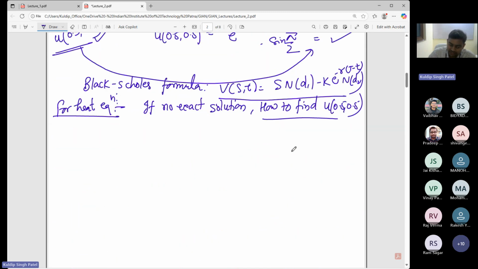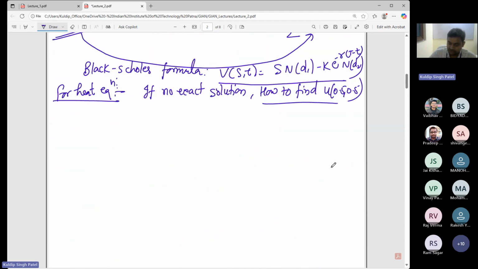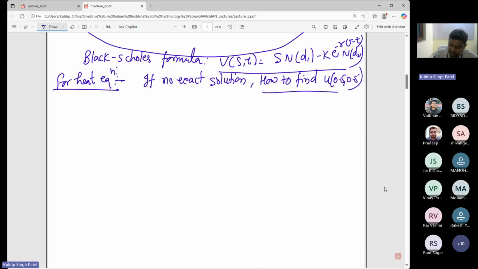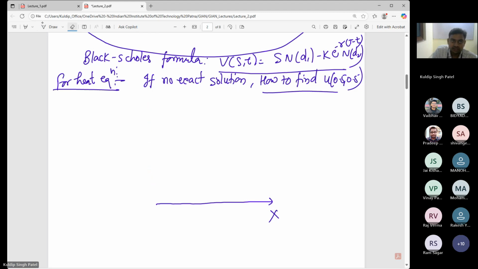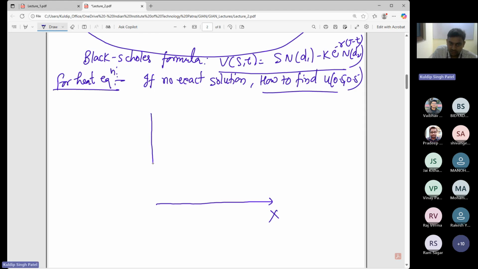Let us first understand via a figure, and then we will explain theoretically. u is a function of x and t, so we take x on this side and t on this side.